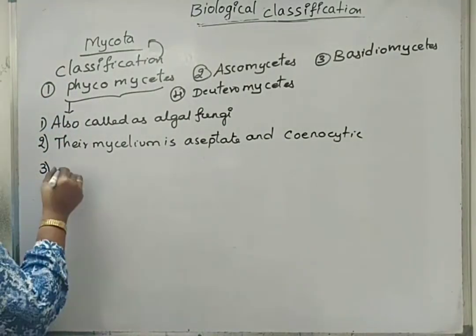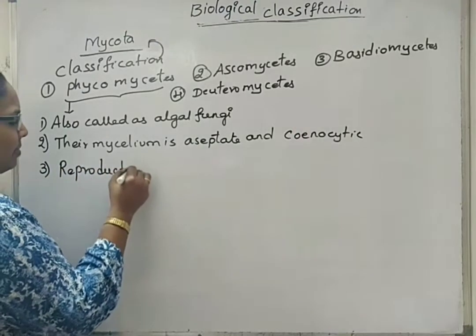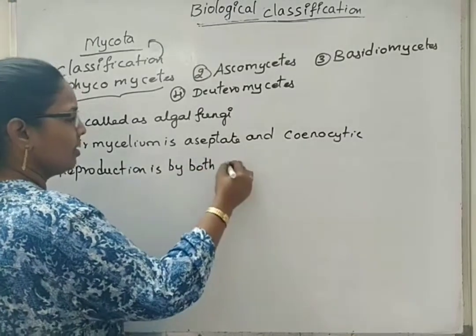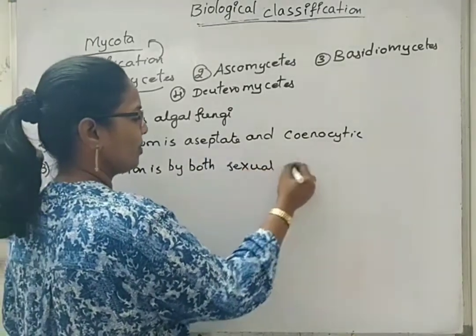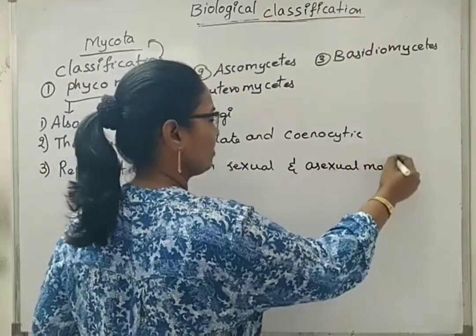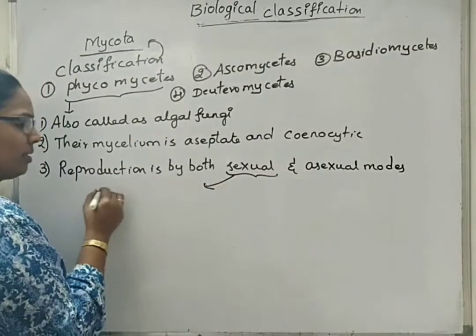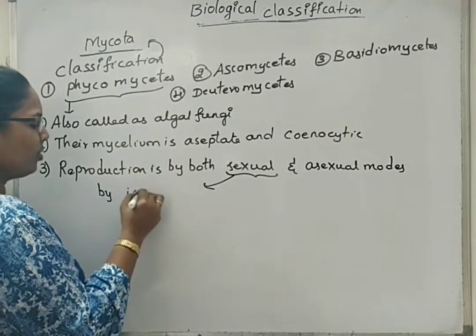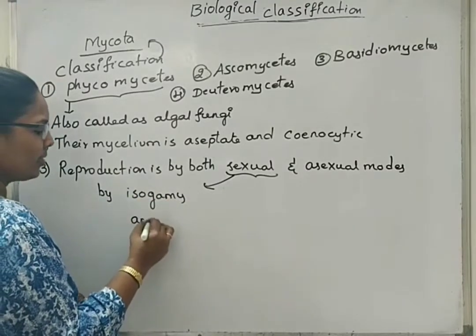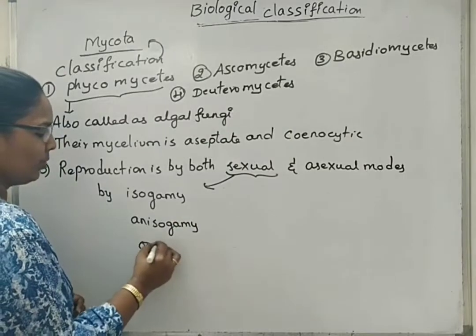Third one, mode of reproduction. Reproduction is by both sexual and asexual forms. Under sexual forms, we see isogamy, second one anisogamy, next oogamy.